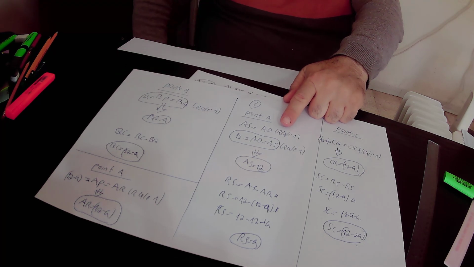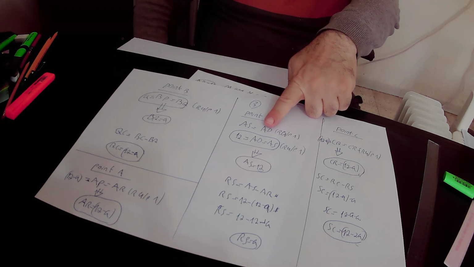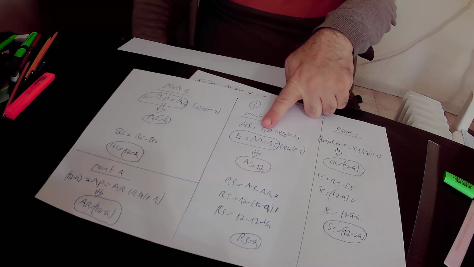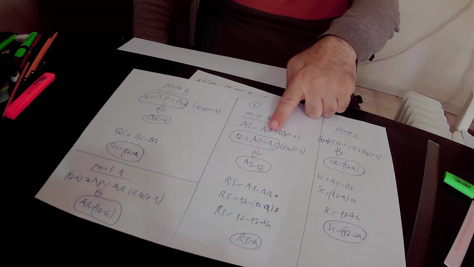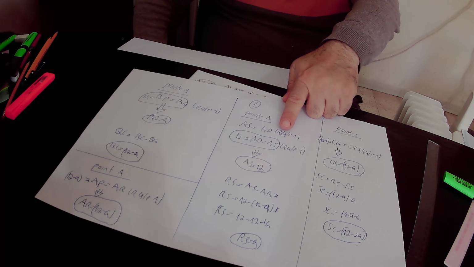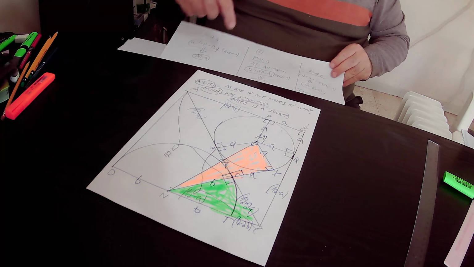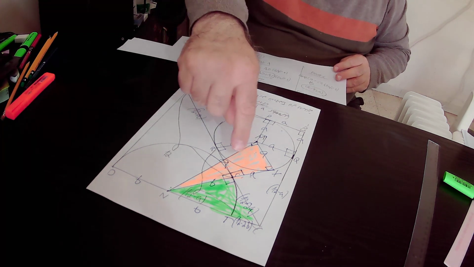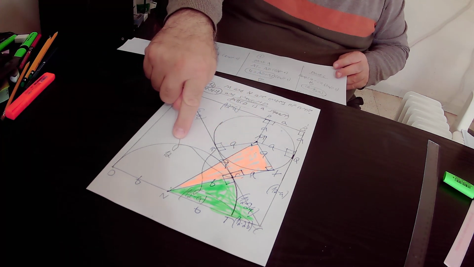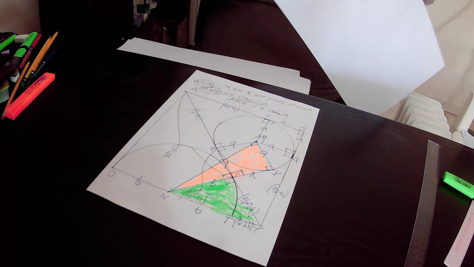But we know that AD equals 12 units because it is one side of square ABCD. From this equation, 12 equals AD equals AS, we will conclude that AS is also equal to 12 units. So we can write here that AS is equal to 12 units.